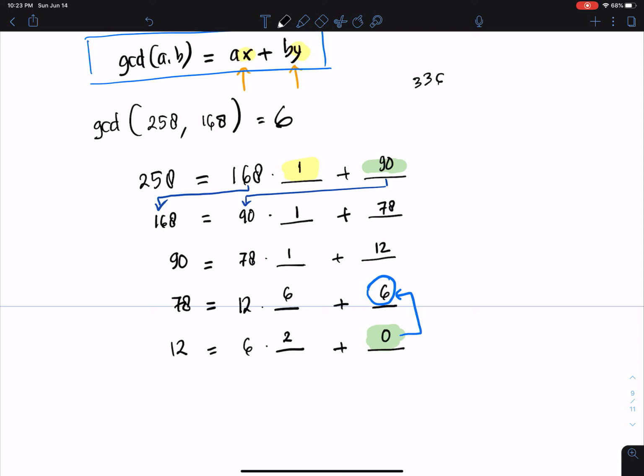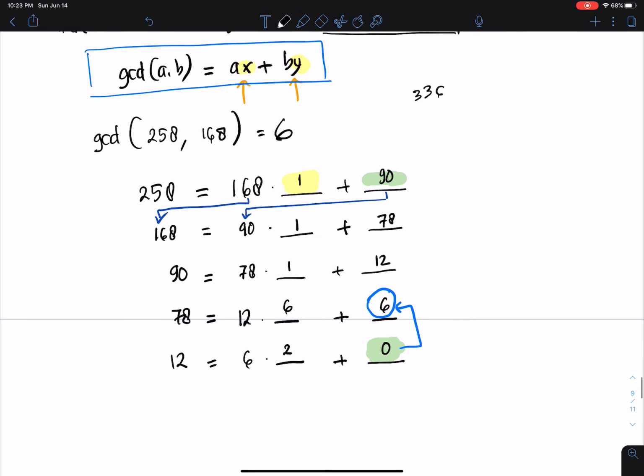Got that one? I hope you follow through the process that we just did earlier until we get the 6 as the GCD between 258 and 168.